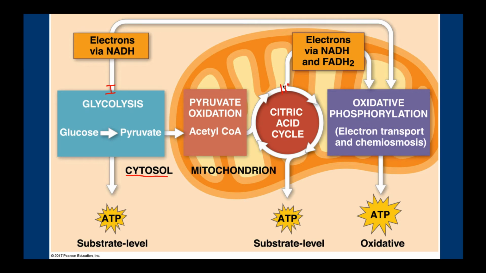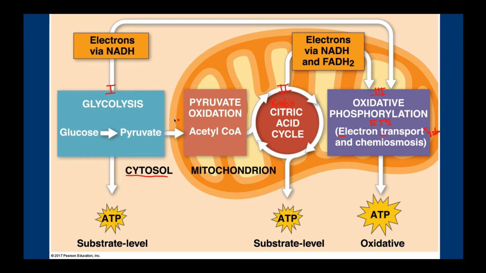The second major phase is what we call the Krebs cycle, or the citric acid cycle. And then the third phase is oxidative phosphorylation, or sometimes we also call it the electron transport system, which we might abbreviate as ETS.